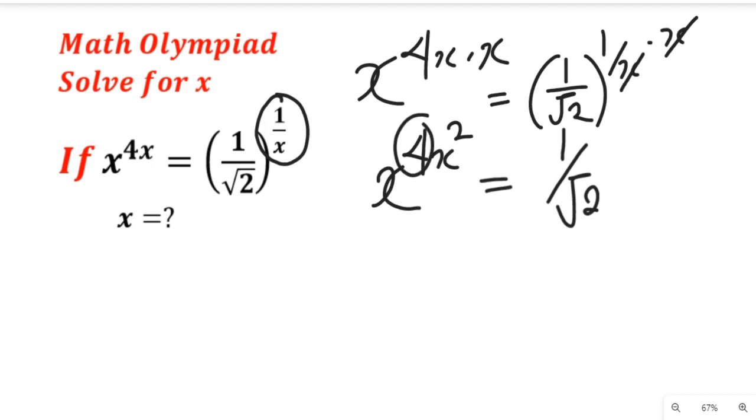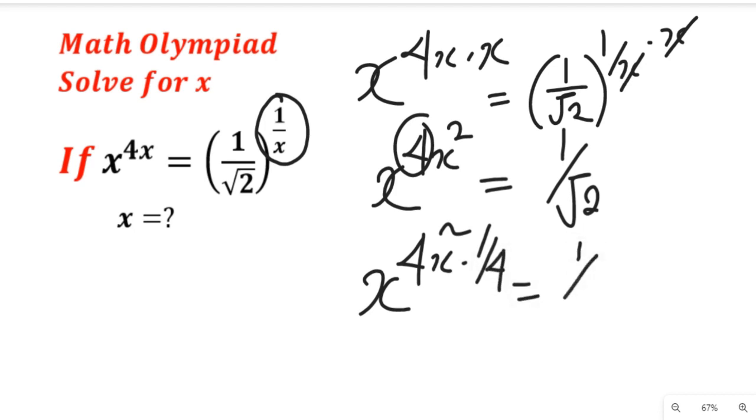Gradually, we'll be clearing some of these things. So if we want to clear that 4, we have to multiply through by 1 divided by 4. So this will give us x to the power of 4x squared multiplied by 1 over 4 equal to 1 divided by root 2 all to the power of 1 over 4, right?